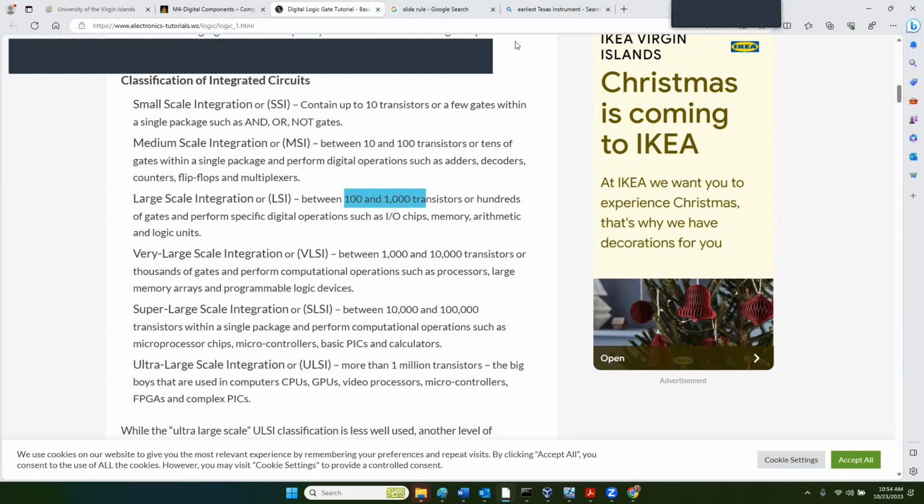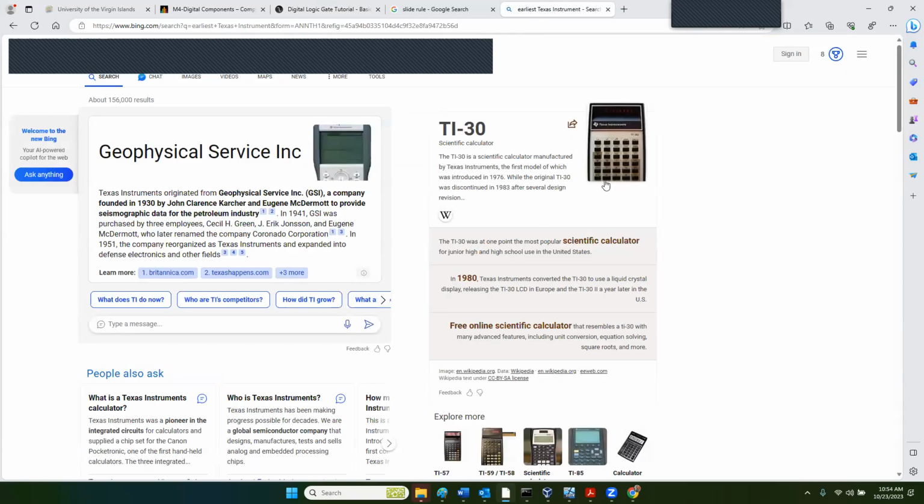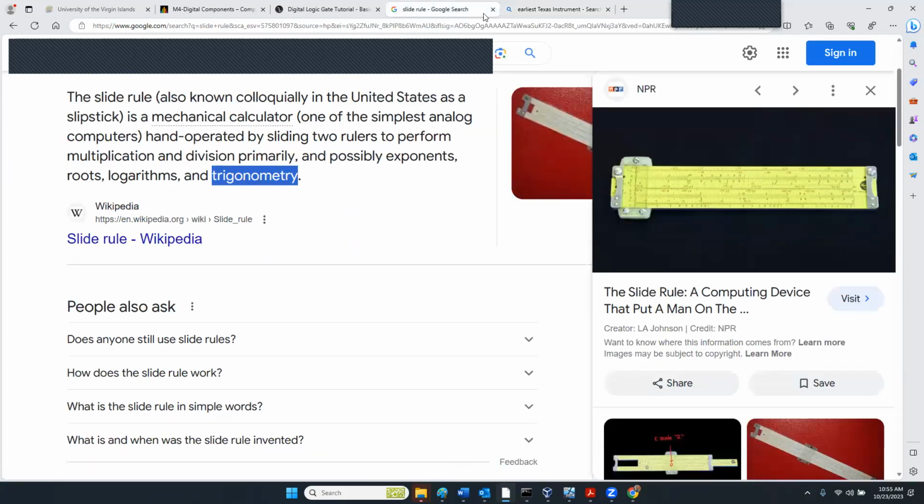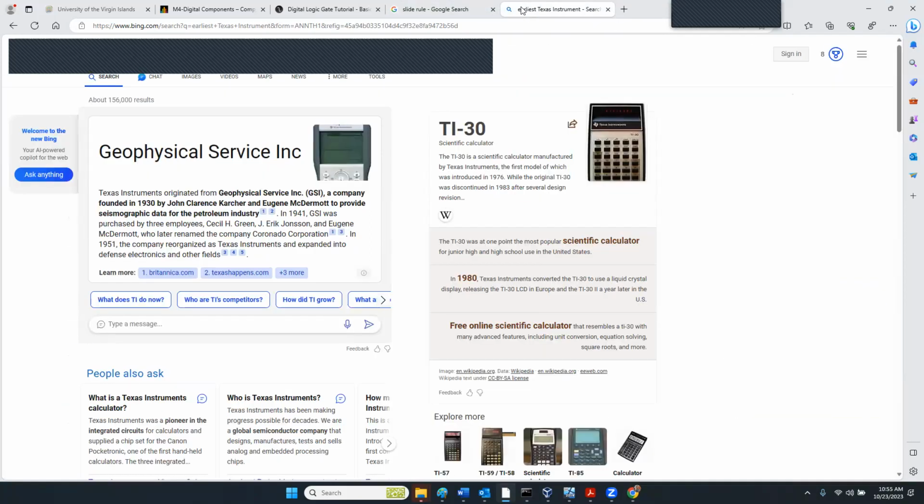The LSI and VLSI, and they created the first scientific calculators. And one of the things to understand about Hewlett-Packard and Texas Instruments is that they were really early pioneers of the electronics industry. So when people didn't have to depend on slide rules, they could do much more efficient work.